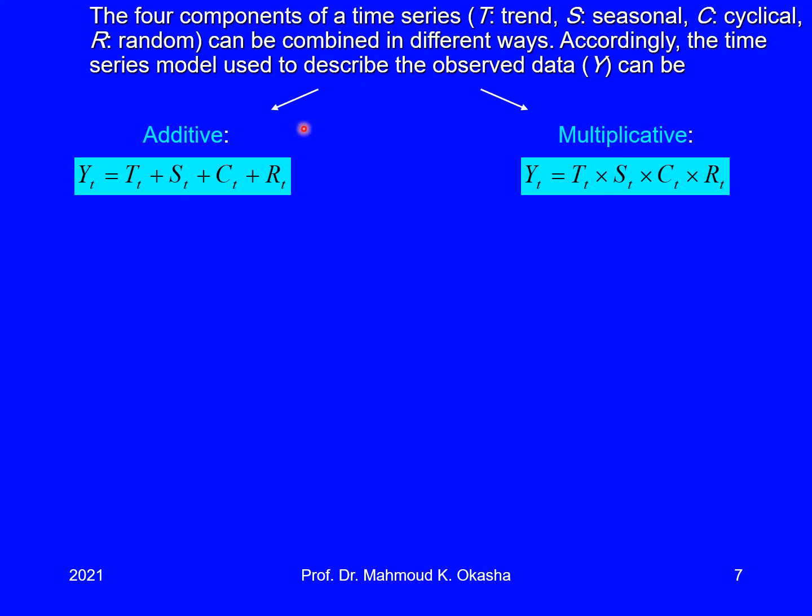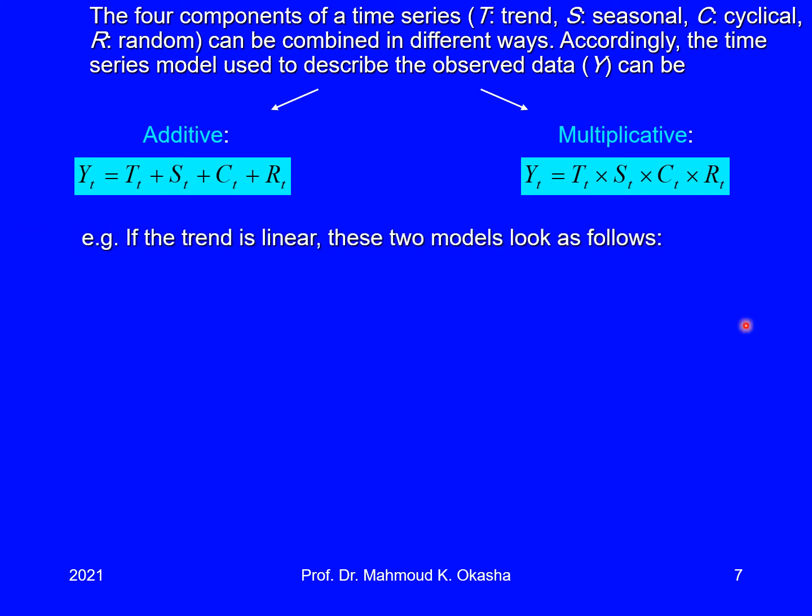So we have two models, additive and multiplicative. These are combined with each other to form the time series. So we combine them by adding them up or multiplying them by each other.